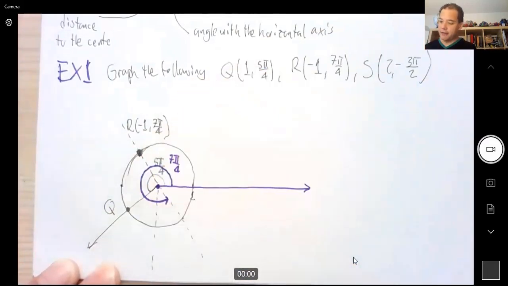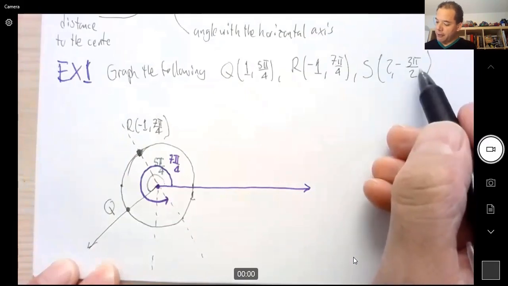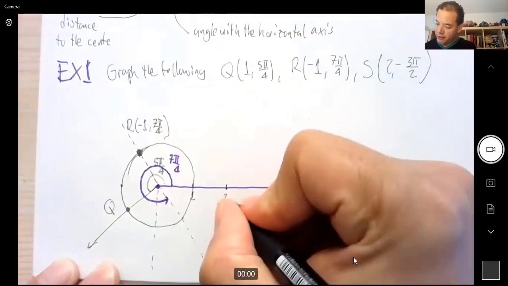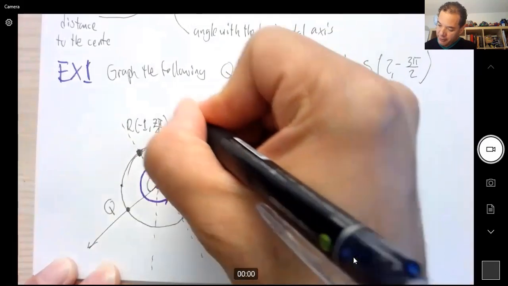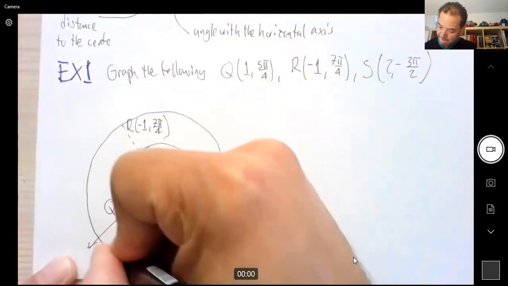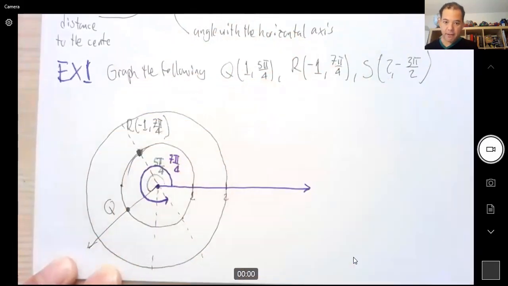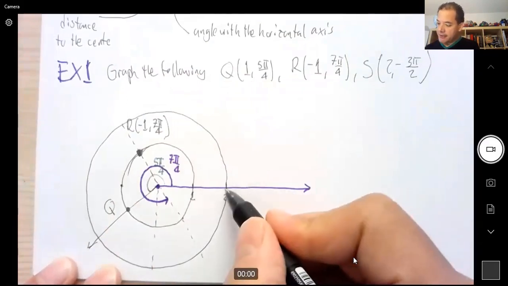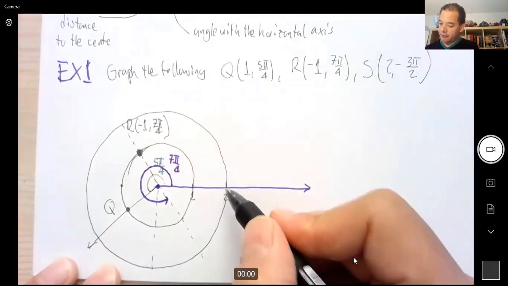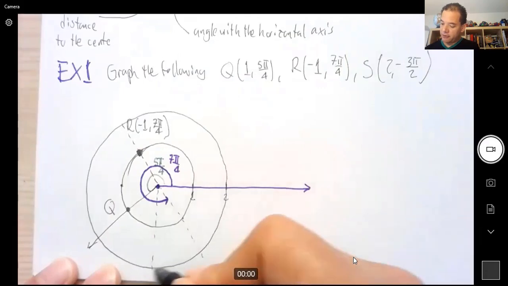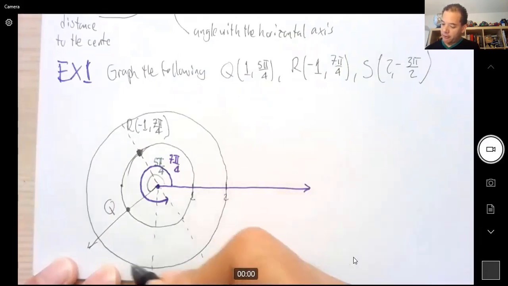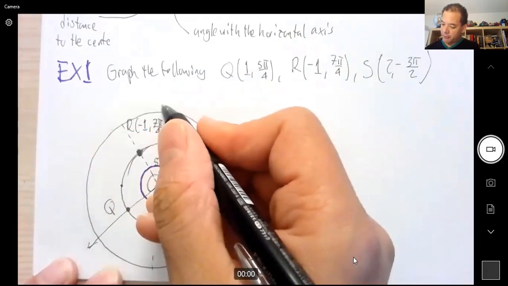All right, last. 2, -3 pi over 2. So 2, now we go here. So now we're working with this bigger circle. And the angle is -3 pi over 2, right? So now we go in the negative direction. And we go pi over 2, pi, 3 pi over 2, right?